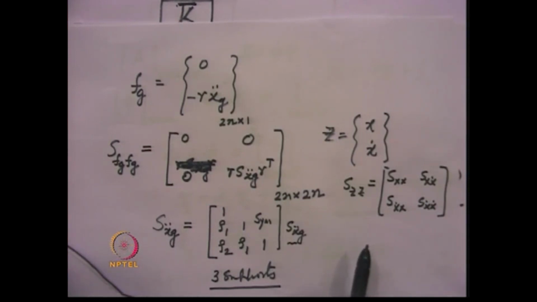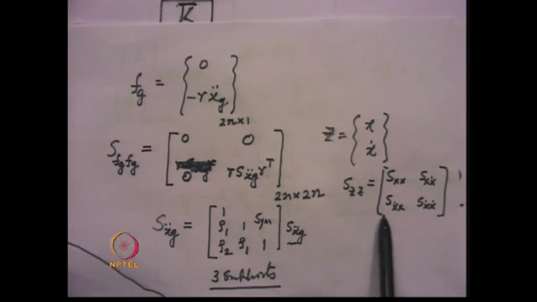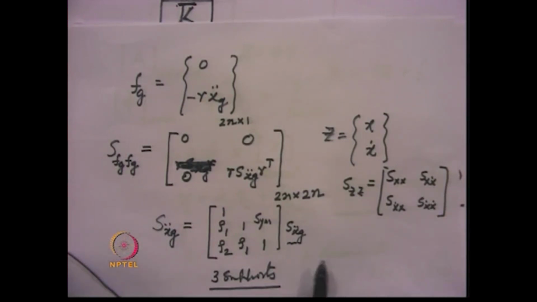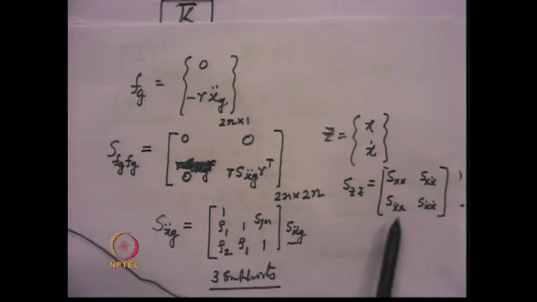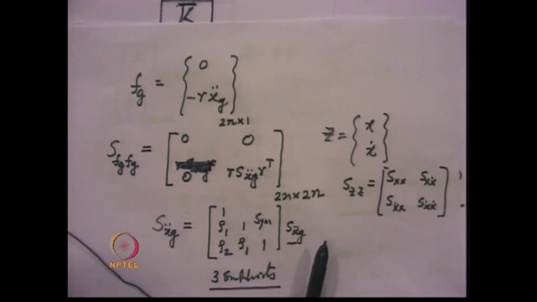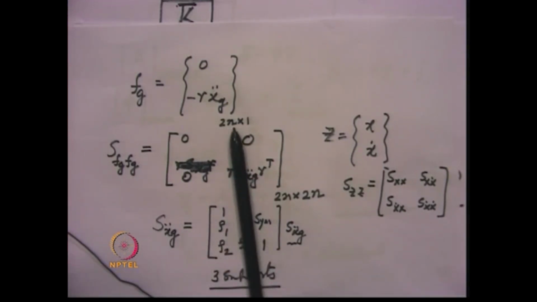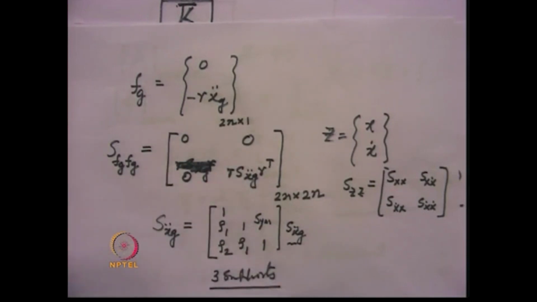It is to be noted that if I add up Sx dot x and Sx x dot, the addition would be equal to 0, because we know that the cross power spectral density functions between the displacement and velocity sum to 0, which you have proved before. So, in the state space formulation, one can also obtain the response in this particular way.